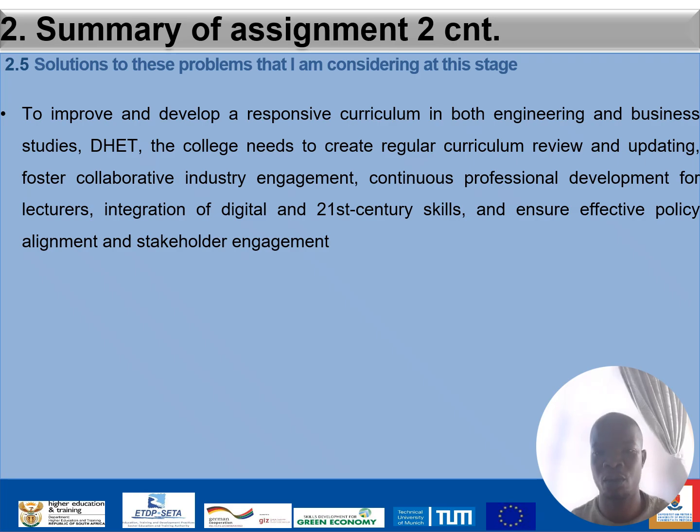They also need continued professional development for lecturers. Fourthly, they need to integrate digital and 21st century skills. And lastly, they need to ensure effective policy alignment and stakeholder engagement.